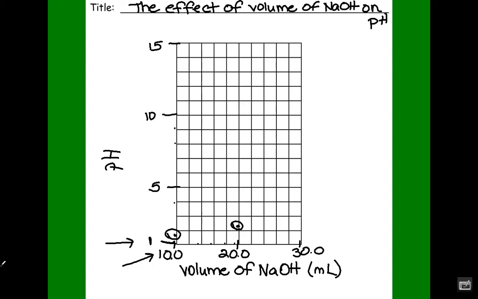Okay, 24, so the next line beyond 20 is 22, and then I go one more, which is 24, and I go up to 2.9, so I'm going to be about here with a circle. All right, 24.9 is about halfway to the next square across, and I go up to 3.9.